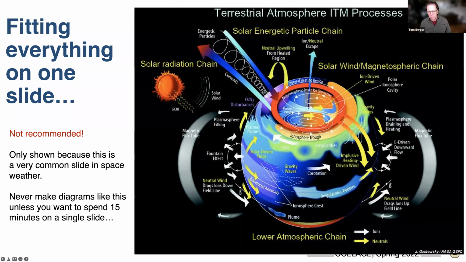We didn't talk, for instance, about these polar cap convection cells that start up during geomagnetic storms. We didn't talk much about the solar-driven tides, but it's all here. And I don't recommend doing this. If I wanted to really talk to all of this, it would take 15 minutes. I'm not going to do that. So I really recommend not including slides like this in your talks.